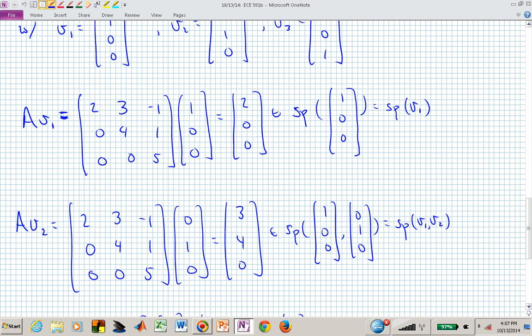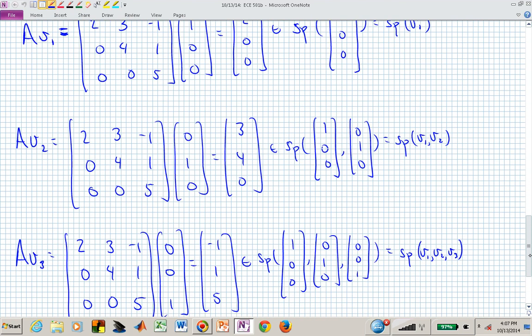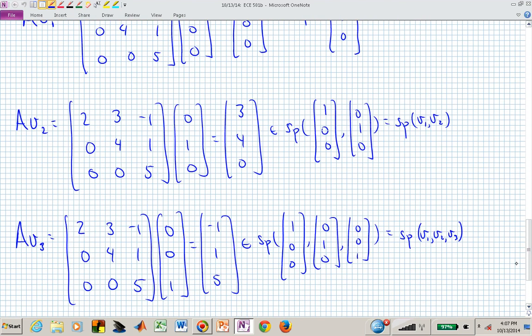You can maybe start to see this pattern: the span that we are starting to live in is growing. Initially it's as small as it can be, v1, then it increases by a dimension, v1, v2, and now you can anticipate what's going to happen when we apply that same matrix A to v sub 3, which is now in the z direction.